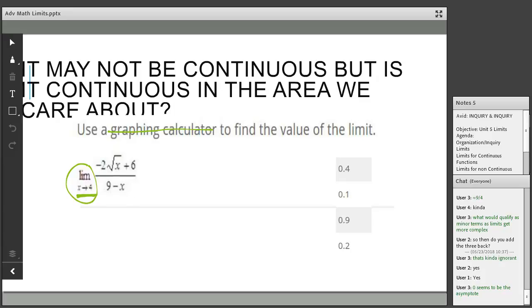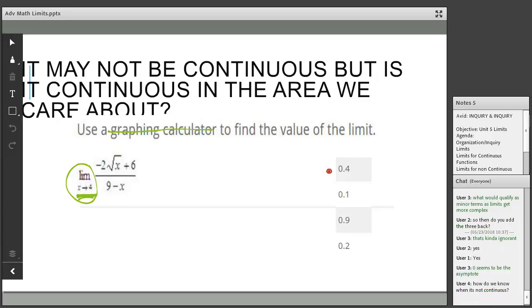Is it the asymptote when you graphed it? It should be continuous in that area. Okay. If it's continuous at that area and we have a value, all we do is plug it in. So just plug in 4 for your x value.